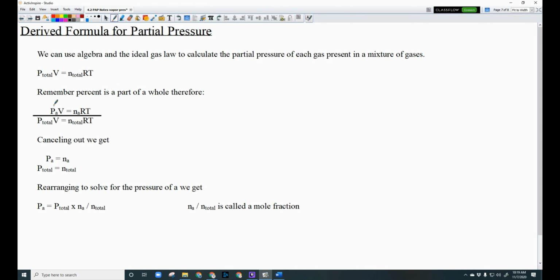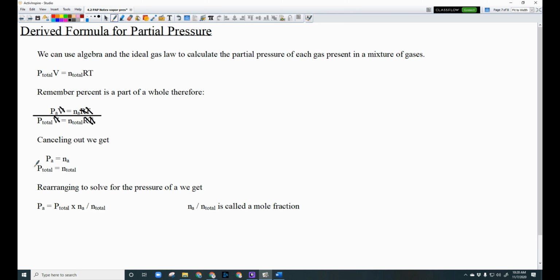So if we take just the partial, the gas, like gas A, PV equals nRT, and it's the moles of this gas, over P total V equals n total RT.